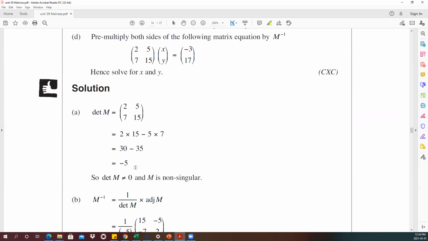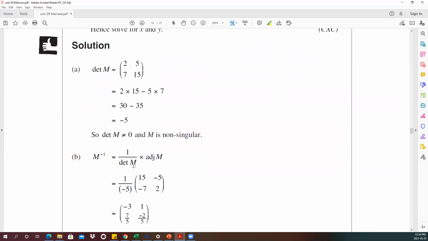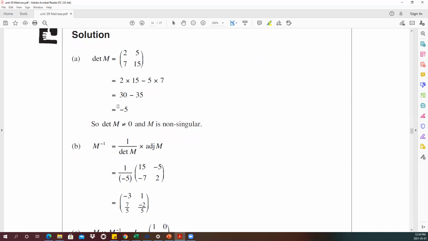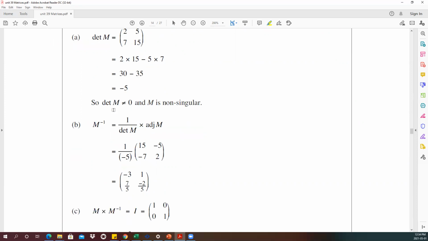The determinant is not equal to 0, so that means it's non-singular, and you can go right ahead. If this is 0, there's no way of finding the inverse. So stop. If you do anything wrong, you can't go any further. You can't find the inverse of a singular matrix, right?